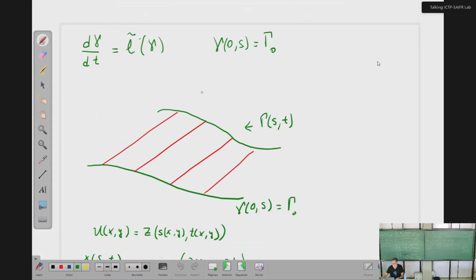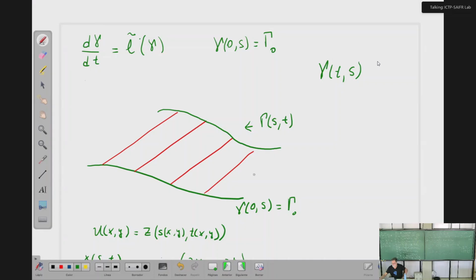So this gamma here will be a function of t and s, gamma of t and s. So think of many curves in t parameterized by s. So you want to solve this system.